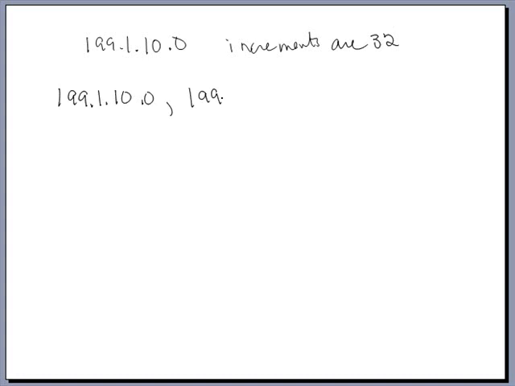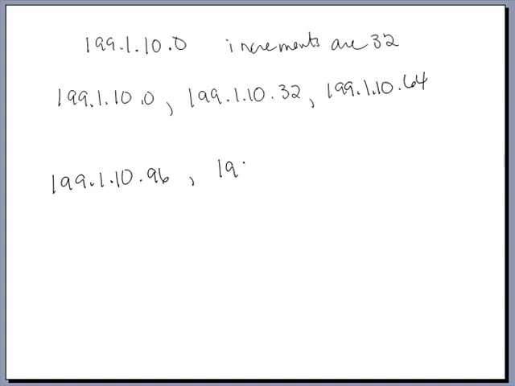Then we have 199.1.1.32, then 199.1.1.64, and you keep going. So 64 and 32 is 96.